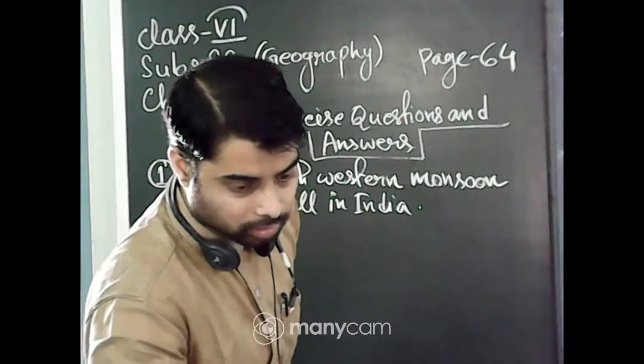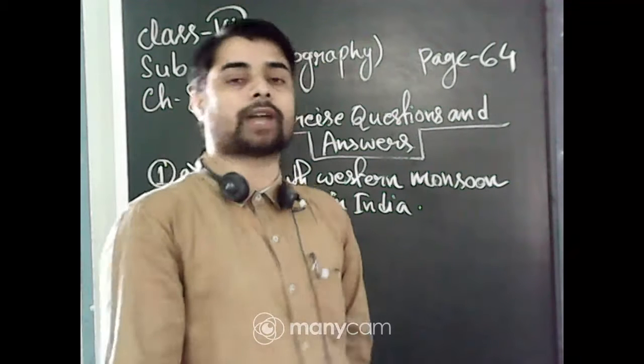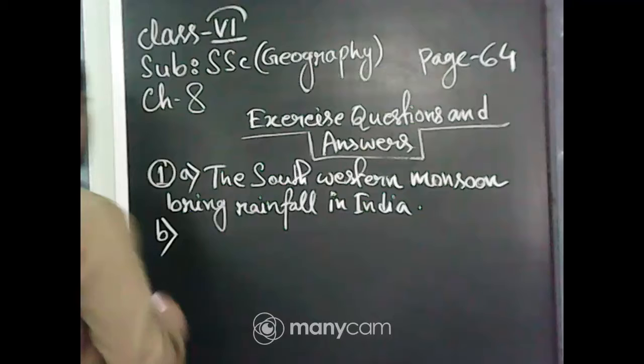Okay, so next one, and very good, all the students have already given the answer: winter, summer, rainy and autumn, these are the main seasons in India. Yes, students, and you have to mention the time period of these 4 seasons. Okay, the time period of 4 seasons.